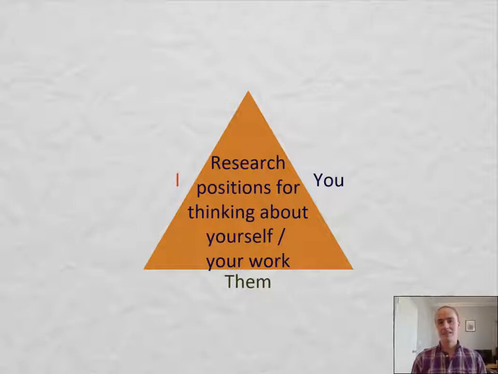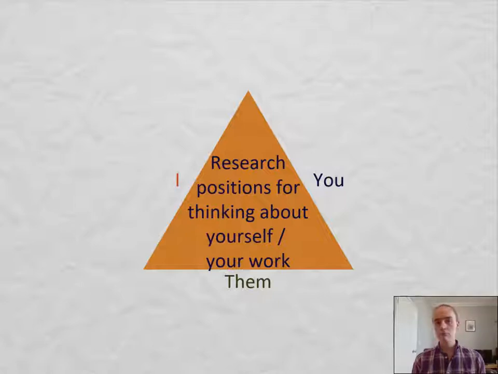In trying to account for how things have worked, how things haven't worked so well, and why things go the way that they do, within research it's really useful to triangulate. There's a lot on triangulation within research literature. One of the frameworks that we find very useful is the I, the you, and the them.